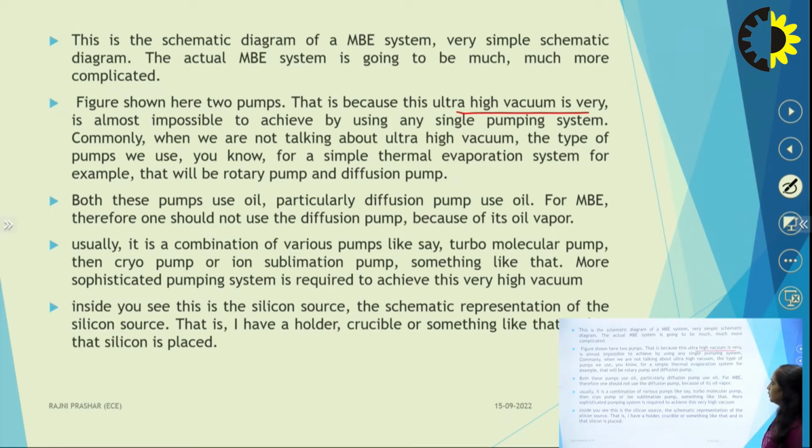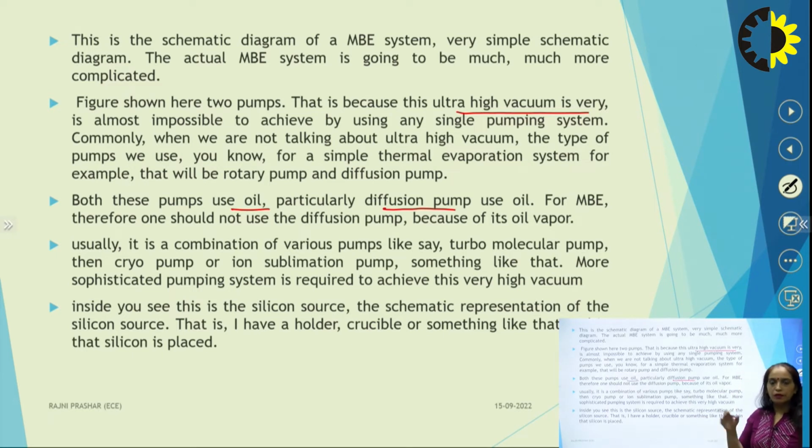It is impossible to achieve this ultra high vacuum with the help of a single pump. So we generally prefer to use two pumps, and the diffusion pump and rotary pump which are used in the VPE process or any other epitaxial process are not preferred in the molecular beam epitaxy process, because those pumps will have some oil, and that oil will be diffused.